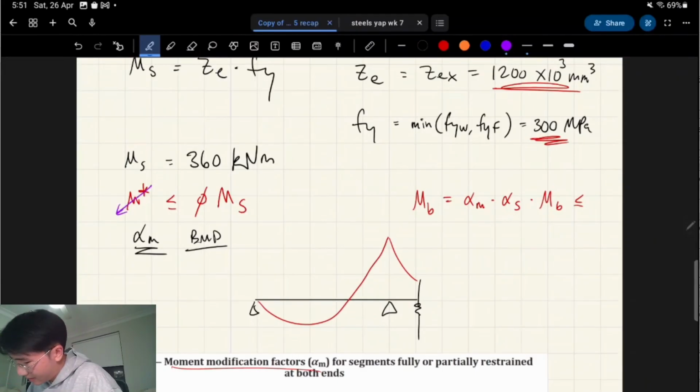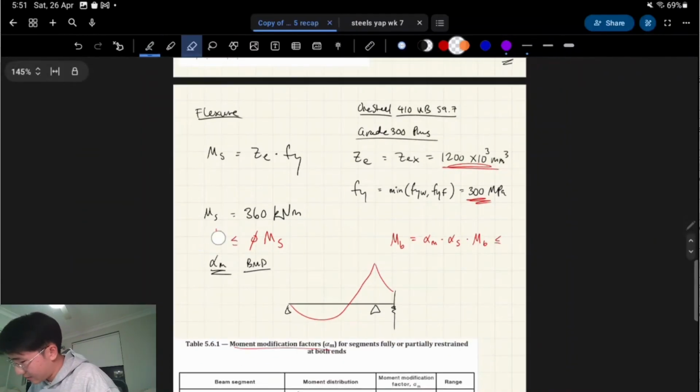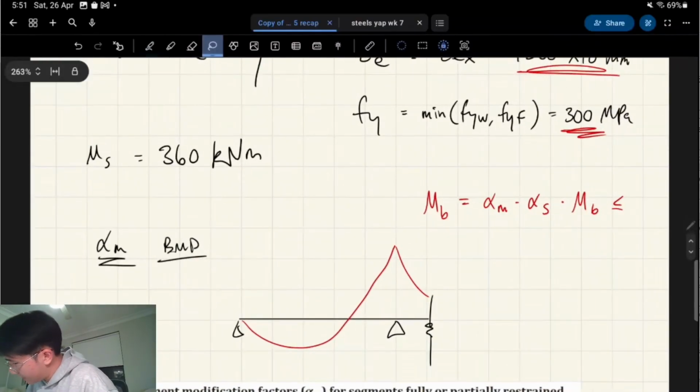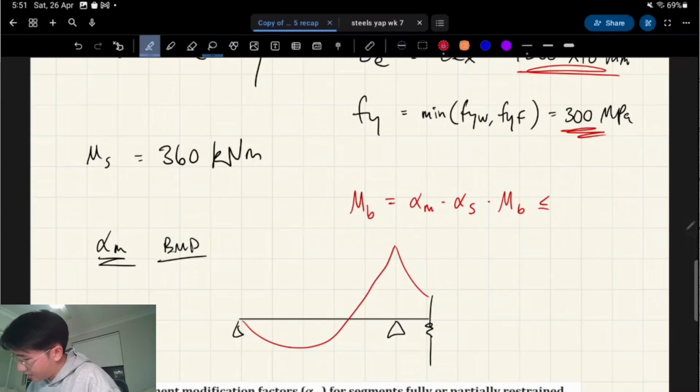Essentially, the idea is that, okay, let's not do it since it's algebraic, but yeah. Let's just do this for now. So, let's fix that up. Basically, the relationship between MB and MS is a little bit interesting, right?